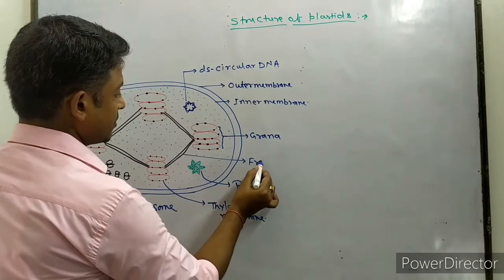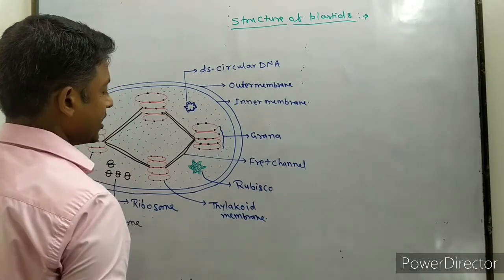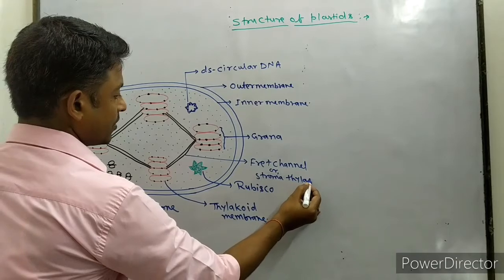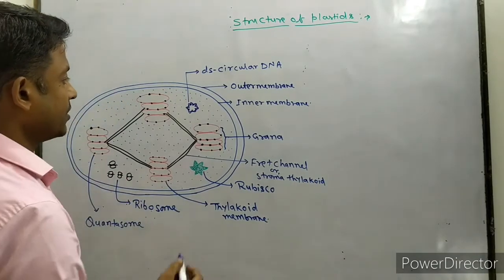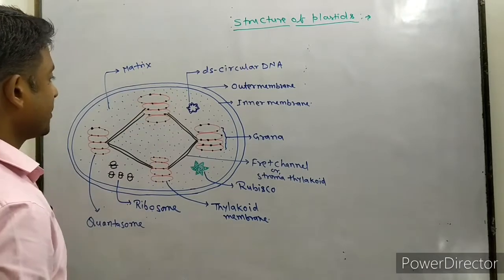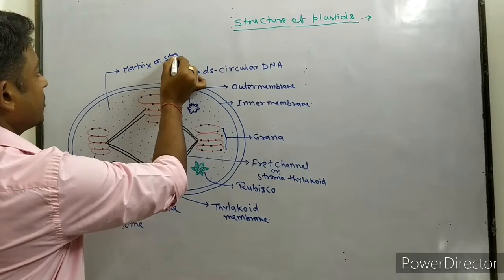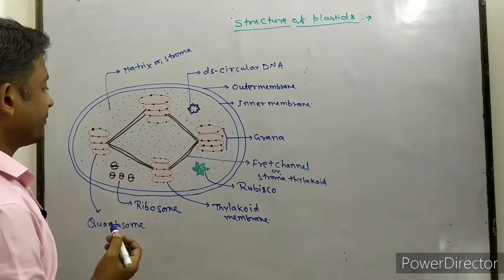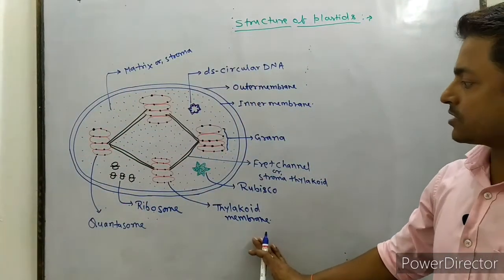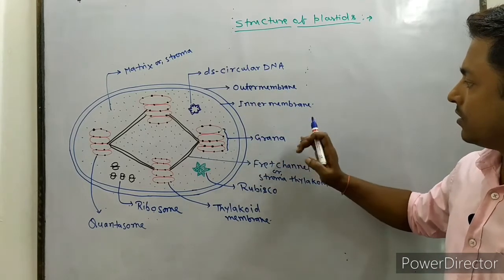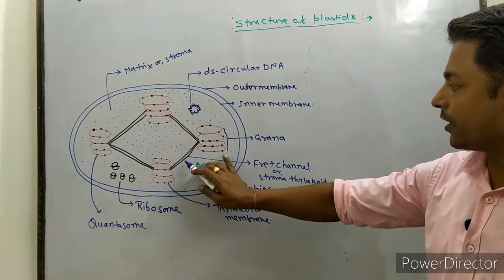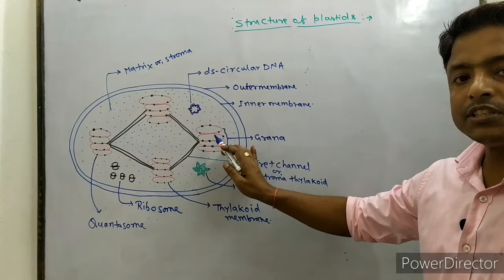This one is Fred channel or stroma thylakoid, and matrix, it is also called stroma. So we labeled here the parts of plastids: outer membrane, inner membrane, grana, thylakoid membrane arranged in a stack-like manner, and this one is Fred channel, which connects one grana to another grana.